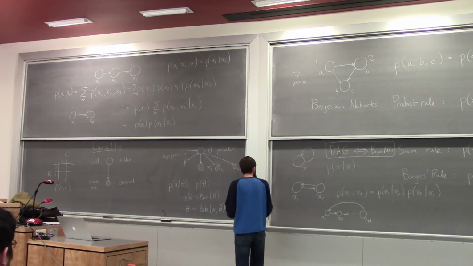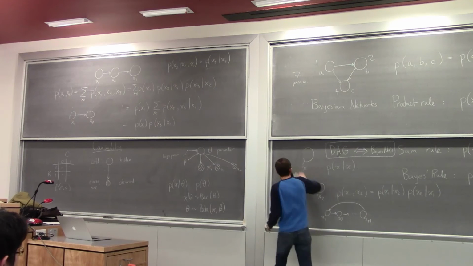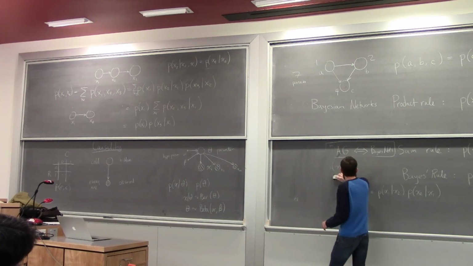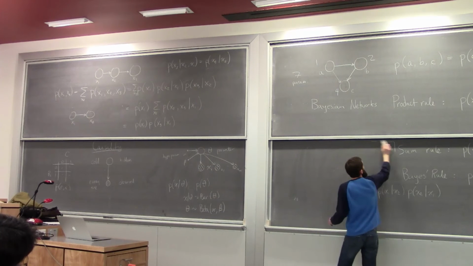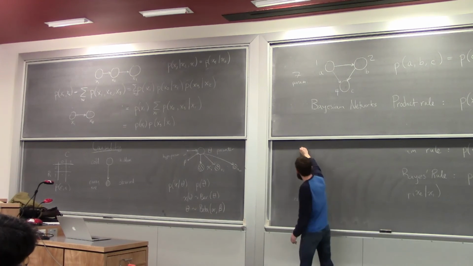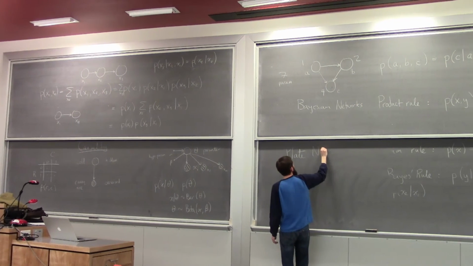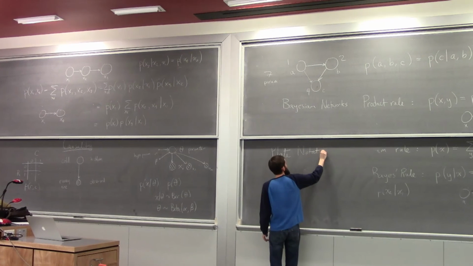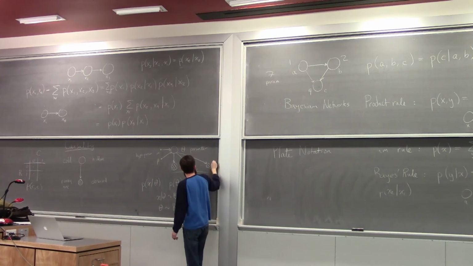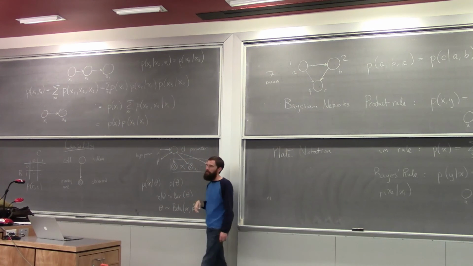One more piece of notation that simplifies this graphical model is called plate notation. That basically says anytime you have a repeated graph, each of these arrows here are all really the same thing.